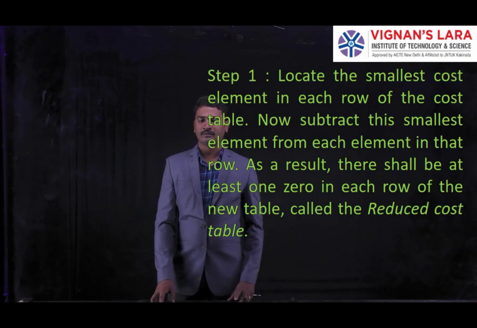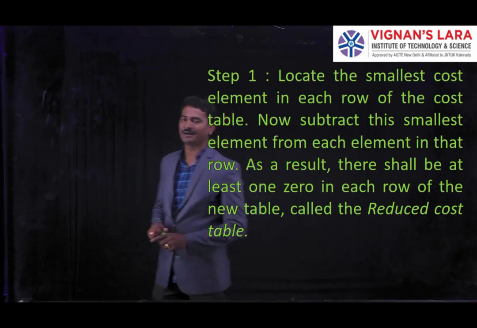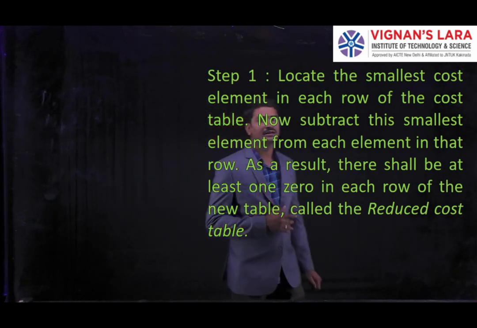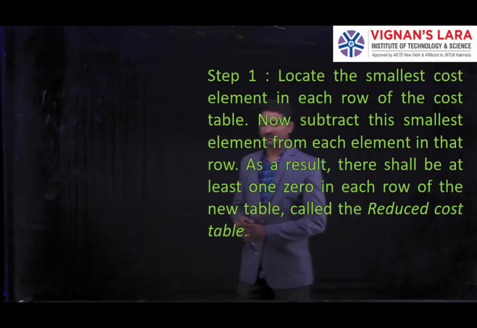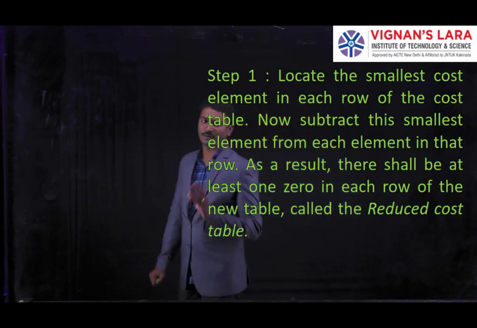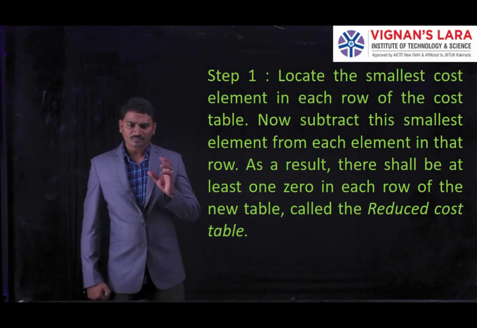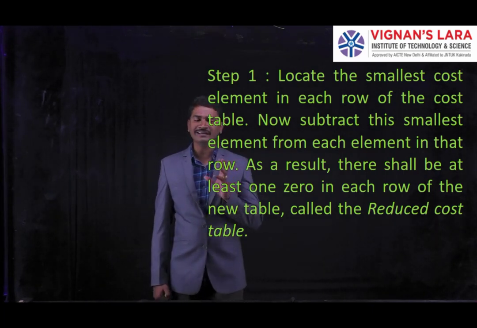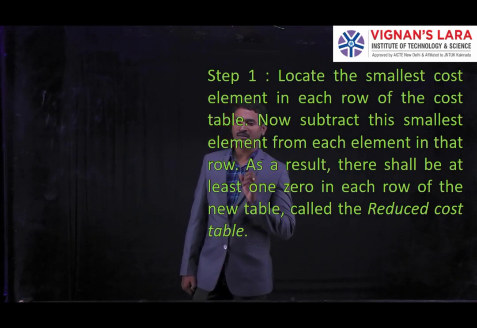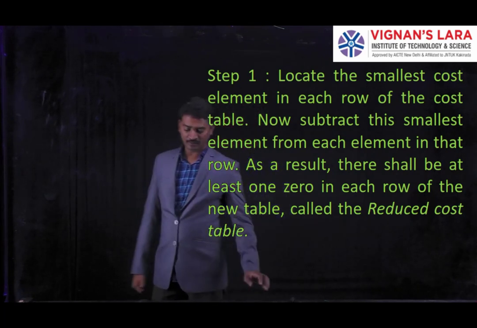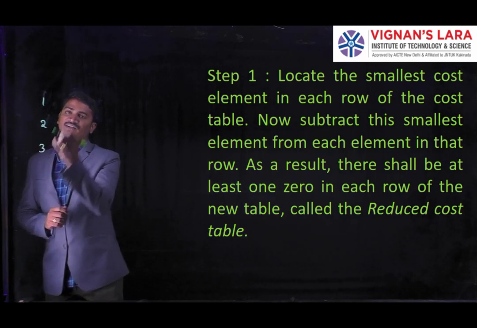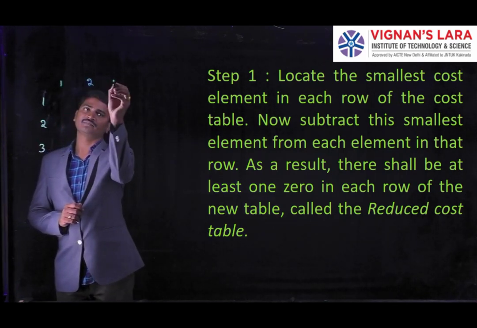Next, coming to the assignment algorithm. Here we have certain steps to solve the assignment problem. Coming to step 1, in this step we locate the smallest elements in each row of the cost table. Suppose we have three jobs and three workers.